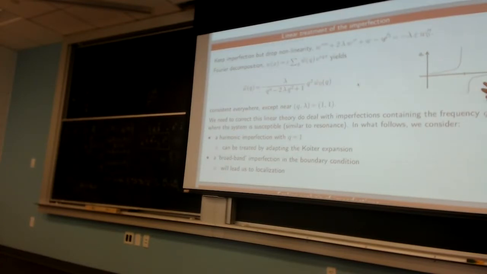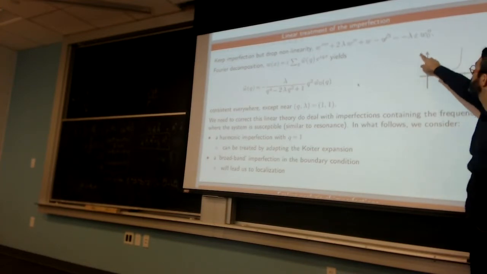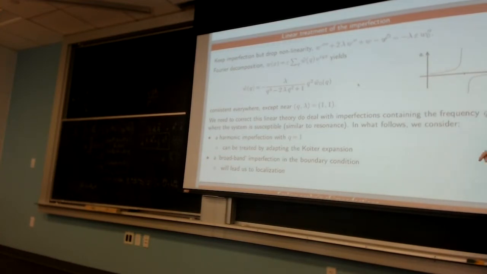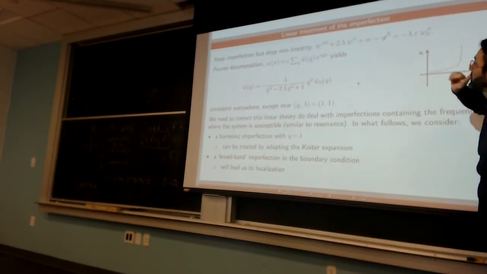So that's typically the predictions that we can do when we vary the load for a given imperfection, that we'll have some kind of proportionality between the amplitude of W, so A is a measure of the amplitude of W. It will be proportional to epsilon everywhere, but with a coefficient that will diverge.